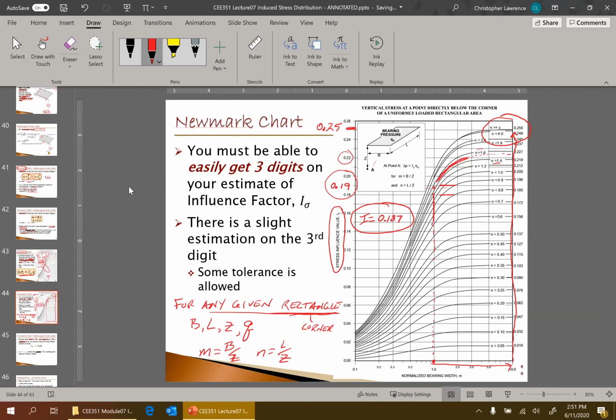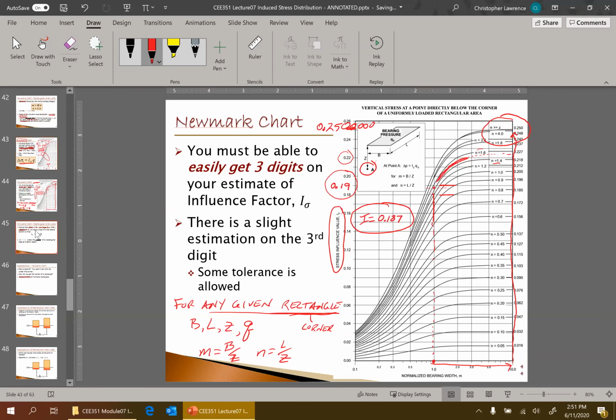And it's not 0.249 or approximately 0.25. It actually is 0.2500000. It is exactly 1/4. That is the maximum possible influence factor for a rectangular load, and we are always considering the corner of a rectangular load. And so what is the significance of that value?